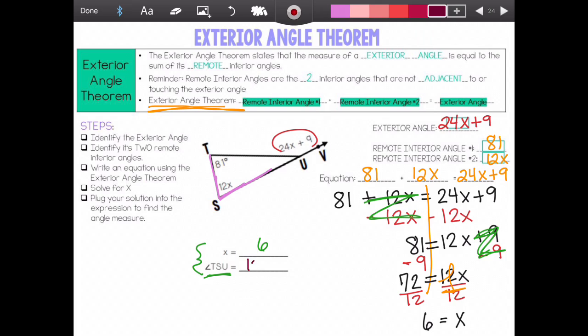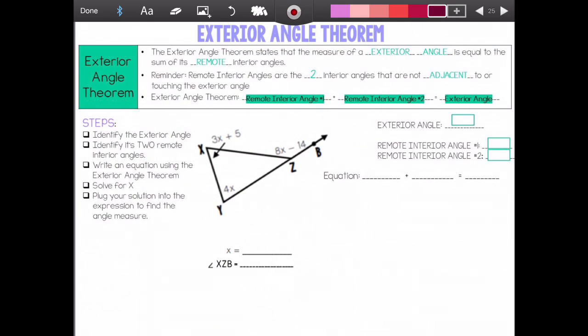So 12 times x, so 12 times 6, and 12 times 6 is 72 degrees. Alright, so this angle here is 72 degrees. Alright, and that's the answer for that one, so hopefully you got that one right.